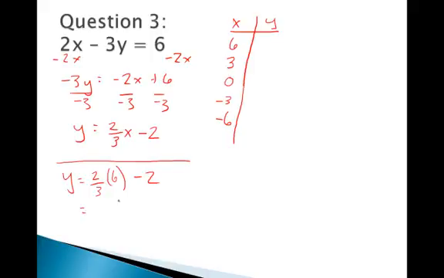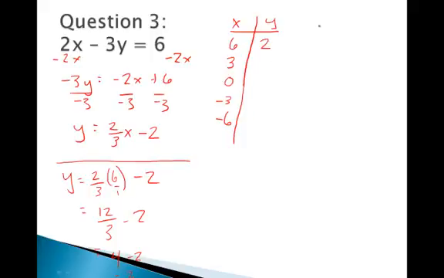I'm going to get 2 times 6, that's 12 over 3 minus 2. 12 divided by 3. So as you can see here, I'm going to get a whole number because I have a nice multiple of 3 here, so this divides nicely. So that's going to give me 4 minus 2, and my answer there is 2. So when x is 6, y is 2.